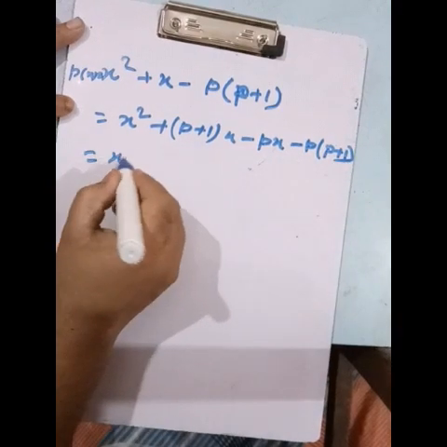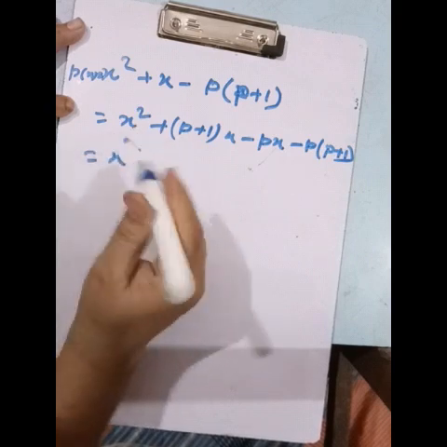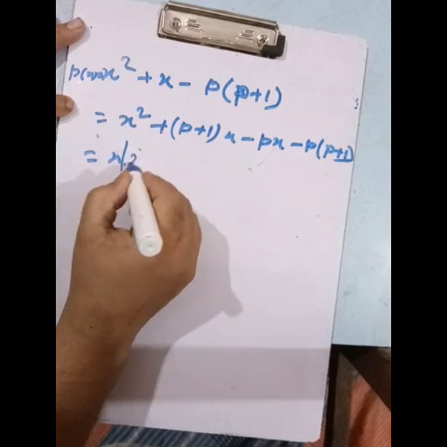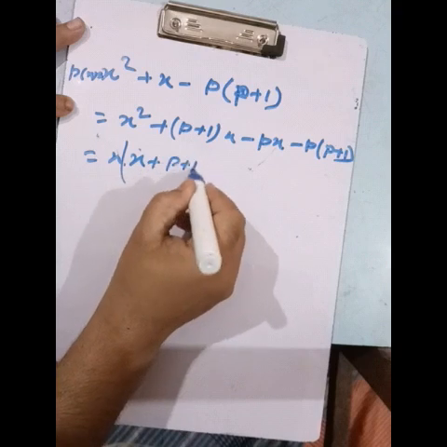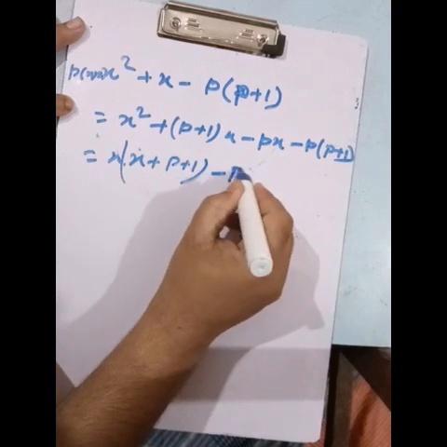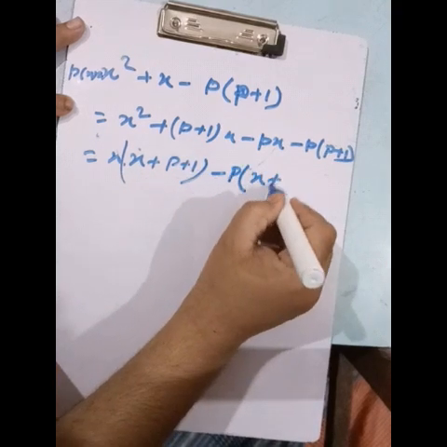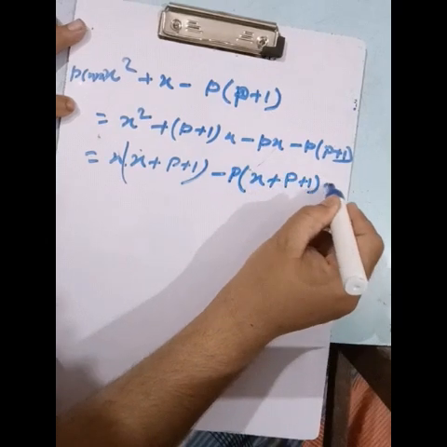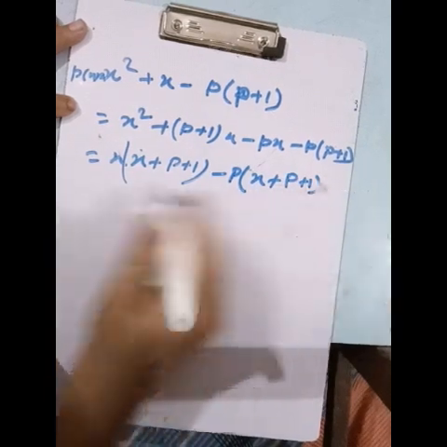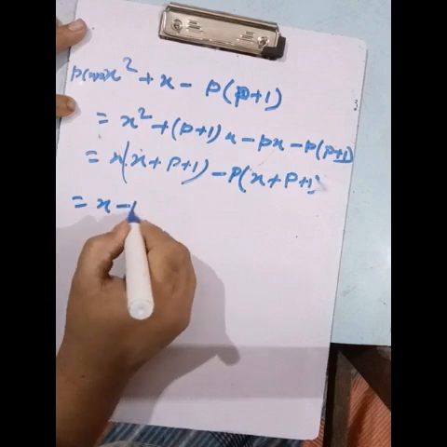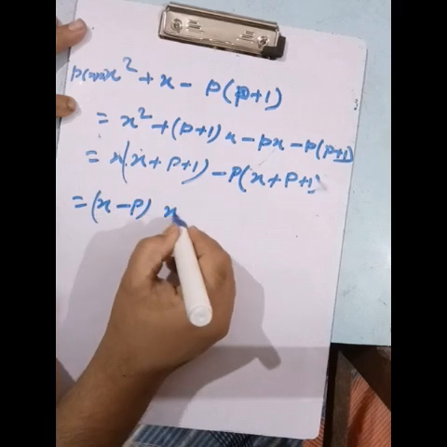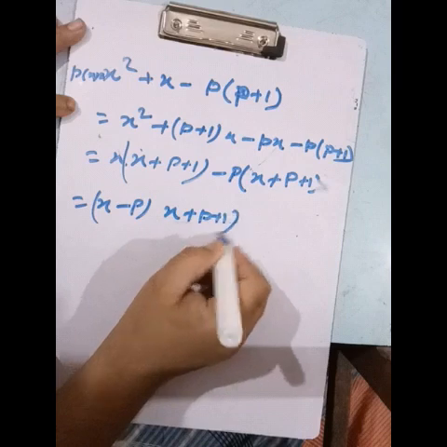So we will get here x square, x is common, and you will get x plus p plus 1, minus p will be common, x plus p plus 1. So you will get here x minus p into x plus p plus 1.